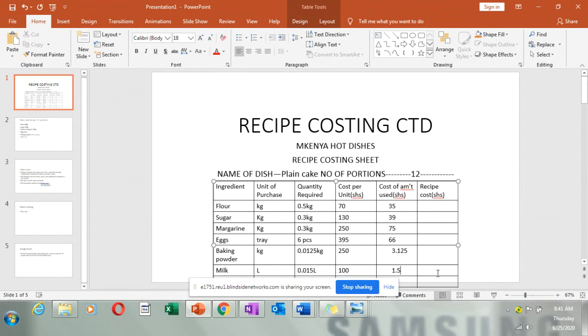We get 35 plus 39 plus 75 plus 66 plus 3.125 plus 1.5, which is 219.625.